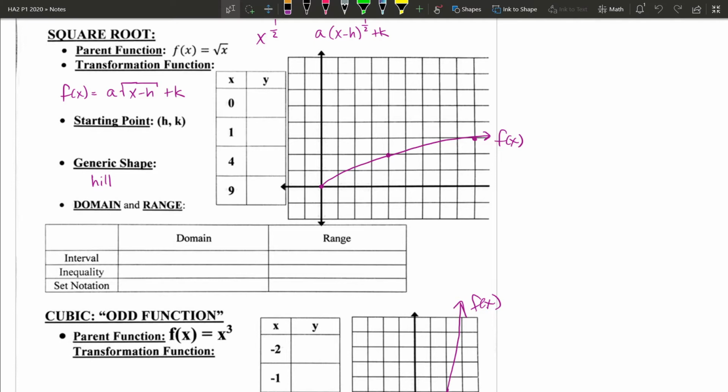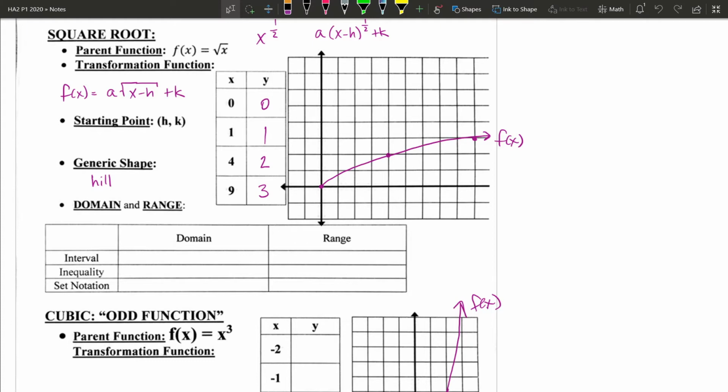Anyway, I call it a hill. When you're graphing these, like I said, it's way easier if you pick perfect squares. If you don't, you get weird decimals, and I don't like that. It should be, and I can't believe I messed up that graph, (0, 0), (1, 1), (4, 2), and (9, 3). That's kind of the default points. Otherwise, you get some nasty decimals, and I'm not about that life.